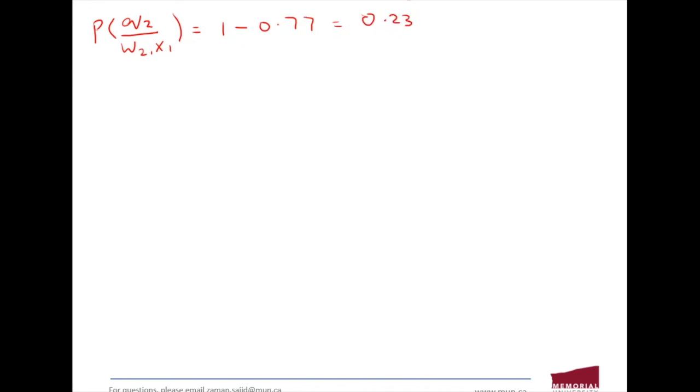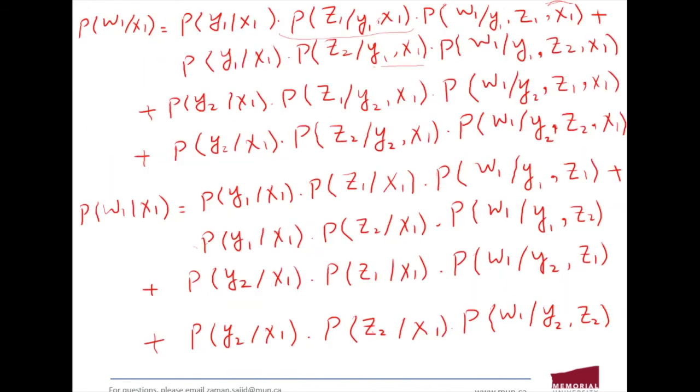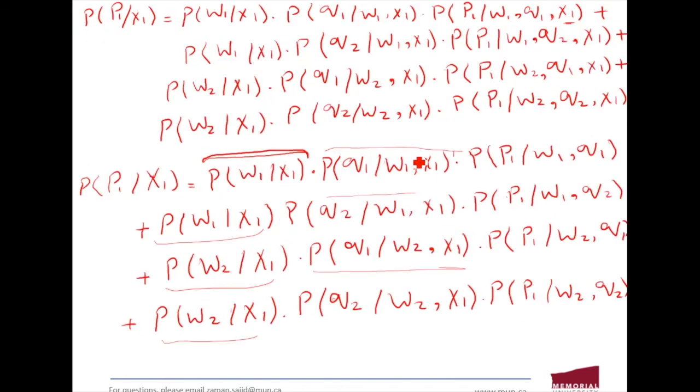Now I will go back to my very original relationship which I developed. So all these terms here have been found out. Now this relationship is given into the network, and now I'm going to plug in the values for this. So I can find out now the probability of the P1 given that X1.